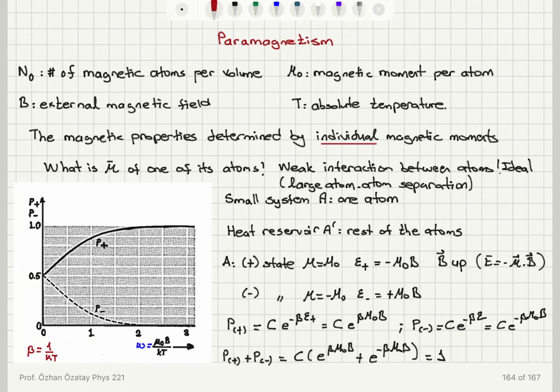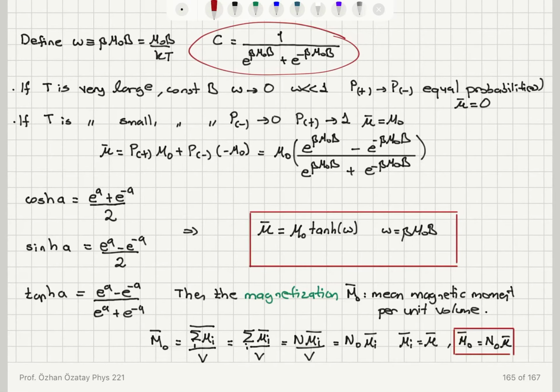When omega approaches 0, we are approaching C times e to the 0 for both cases, so they're going to be equal probabilities, which means the mean moment per atom should be approaching 0.